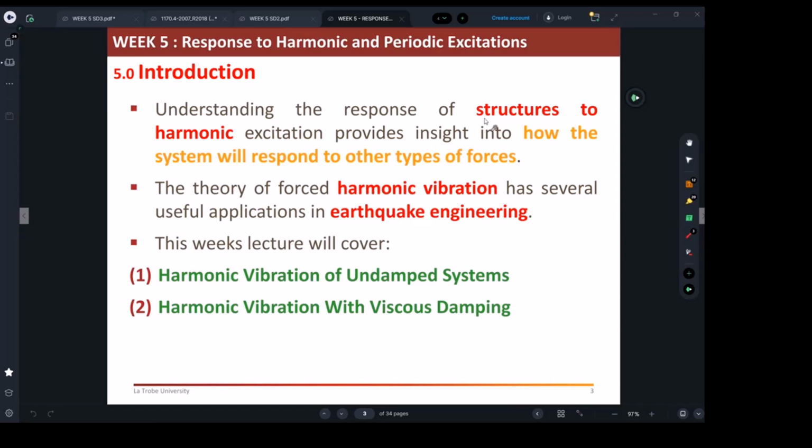Structures under harmonic motions, they definitely are going to help you to understand the relationship. So we impose or apply motions into the structures, maybe because we want to pre-disturb it, and maybe a free vibration test is not possible.